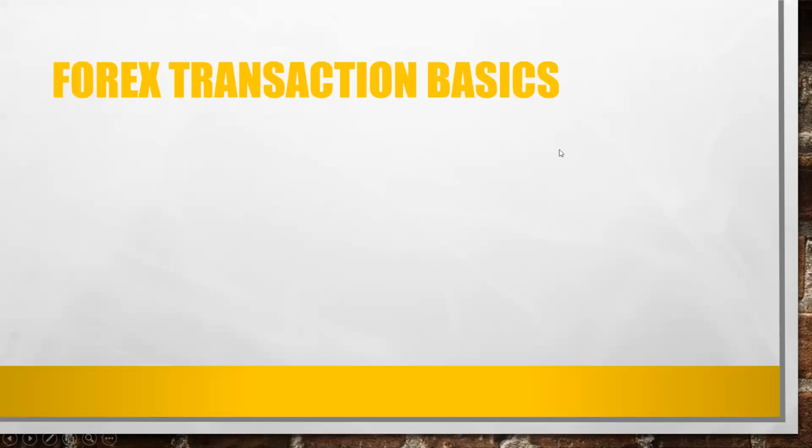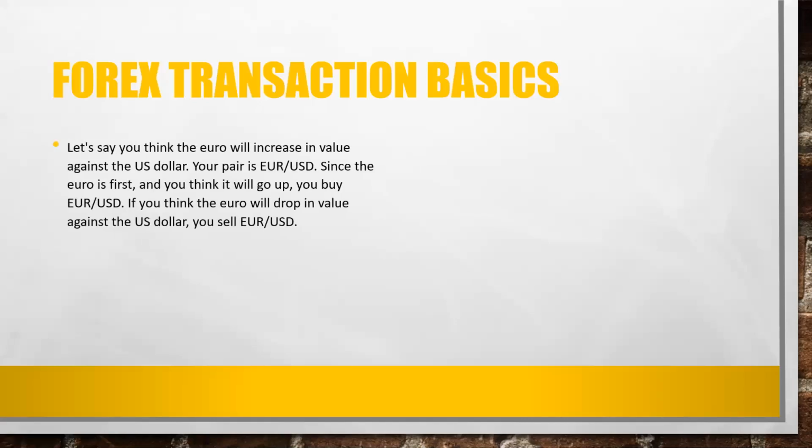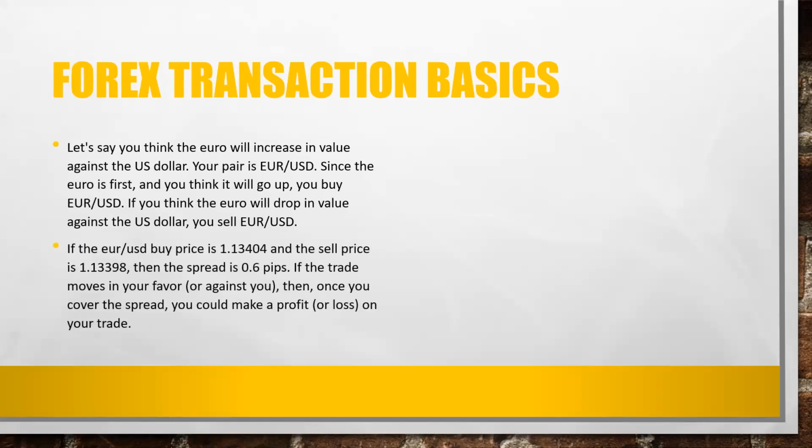So, the forex transaction basics. Let's say you think the euro will increase in value against the US dollar. The pair is euro US dollar, and since the first currency is the euro, which is the base, and you think it will go up, you buy the euro US dollar. And if you think the euro will go down against the US dollar, then you sell the euro US dollar, as I said earlier.